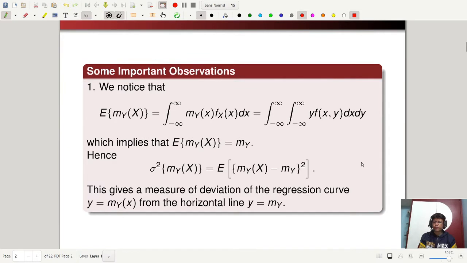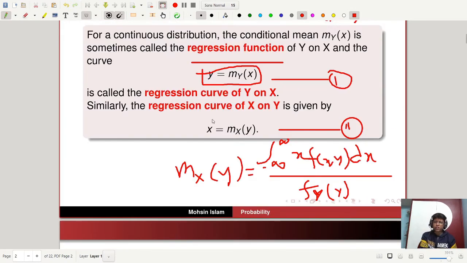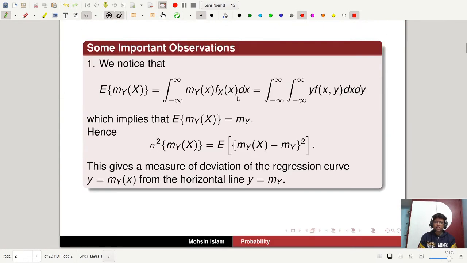Now next, some important observations for your concept. We notice that if you write the expectation of μ_y|x, where μ_y|x is the regression function of y on x, or conditional mean, that is equal to the integral from minus infinity to infinity of μ_y|x f1(x) dx. That is from the definition of the expectation.